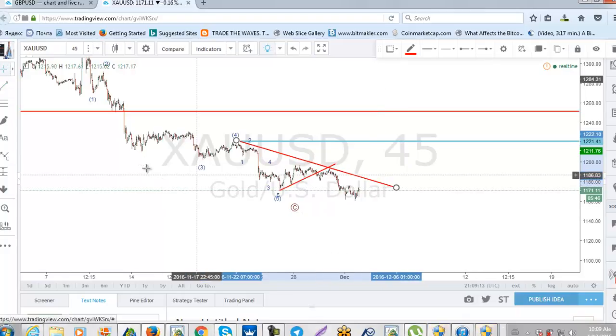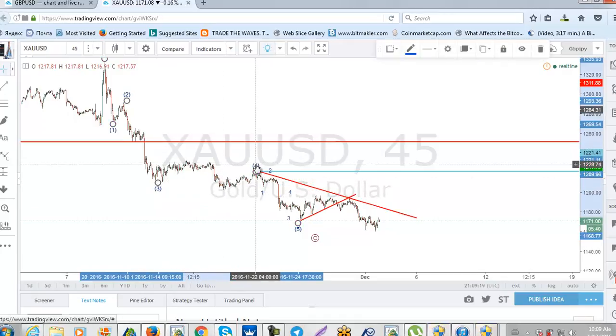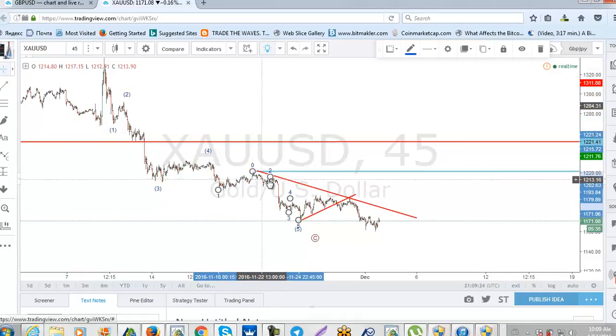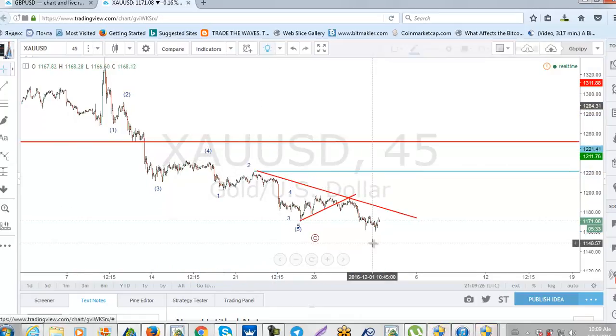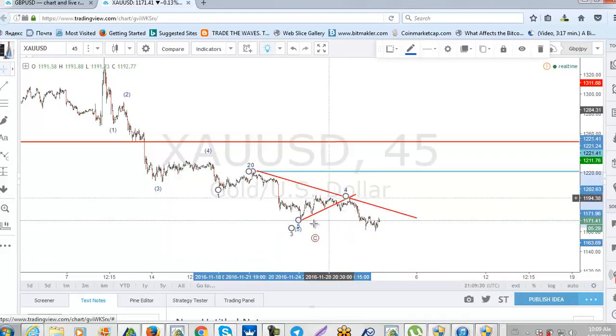So this is going to be wave 1, wave 2, wave 3 here, wave 4 here, and then wave 1 of 5, wave 2 of 5, wave 3 of 5, wave 4 of 5, and then wave 5 of 5.